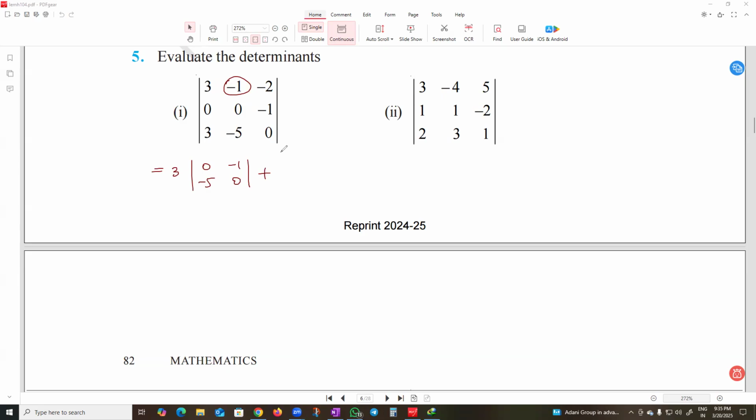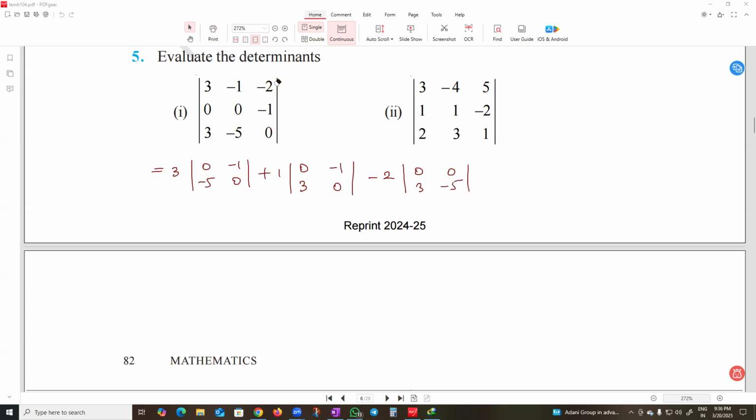It becomes plus 1, into delete this column and row. Then you can see the elements minus 1, 3, and 0. After that, remove this column and row and again highlight the next element. Write down the same elements, and delete this row and column. Now you can see 0, 0, 3, minus 5.